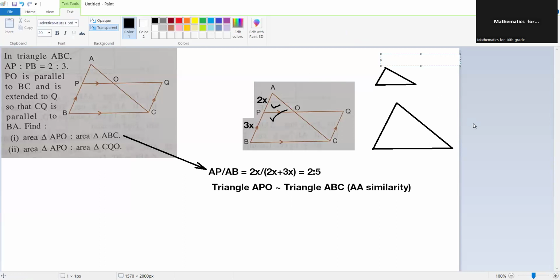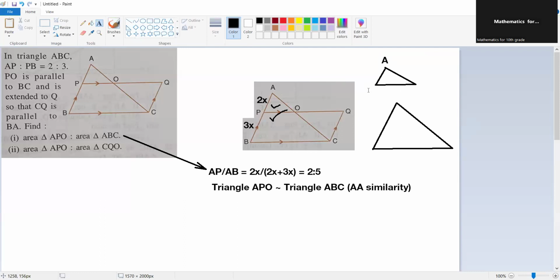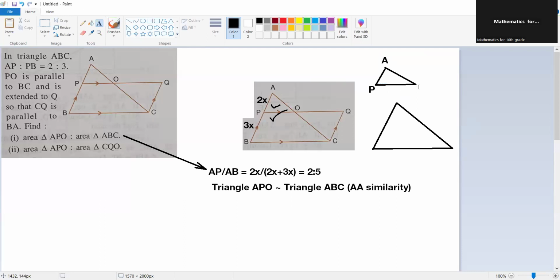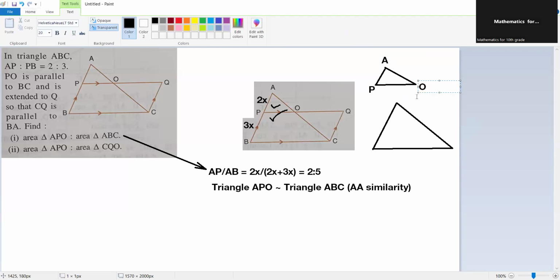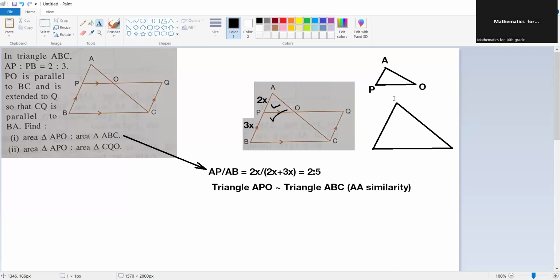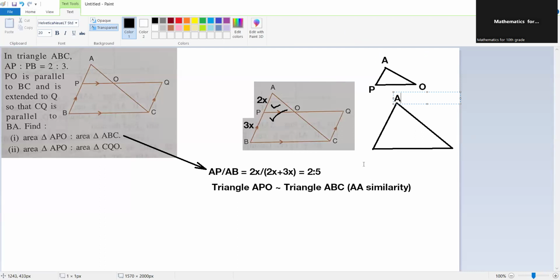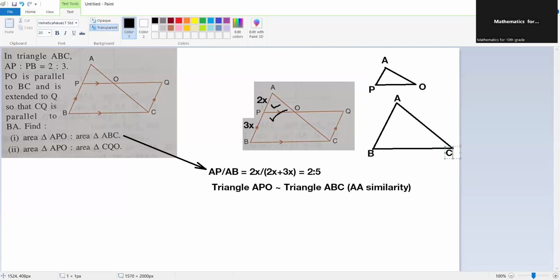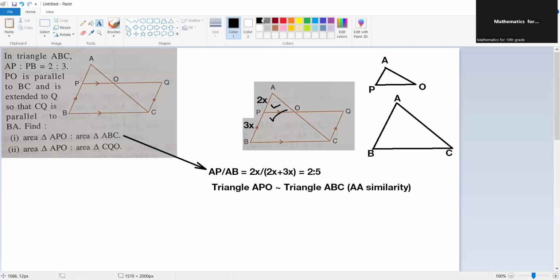So this A, P, O, and this A, B, C. So I just drew these two triangles separately.